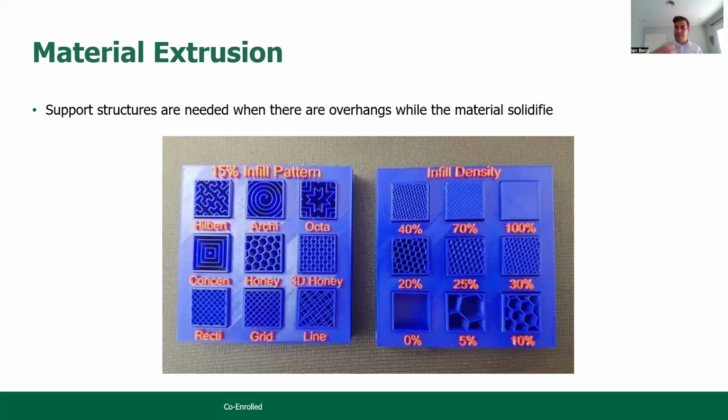So when you think of the solid parts of your models, you're typically going to have some percentage of infill filled in by the extruder nozzle, as well as certain patterns. Different patterns have different speeds, different strengths, and people have different favorites. Anything from spirals to honeycomb is what you'd see if you cut open one of those 3D prints. And you can also set how dense the infill is.